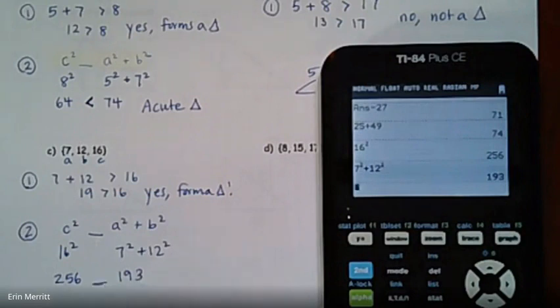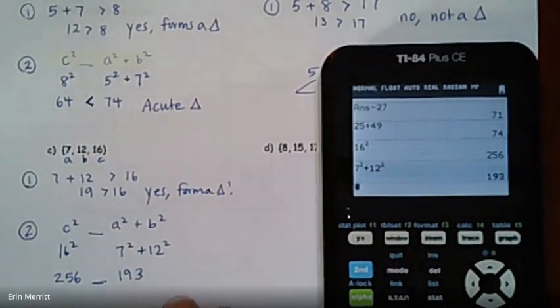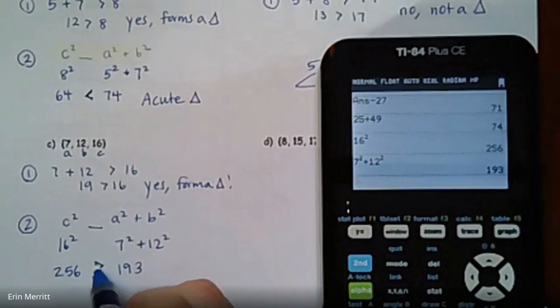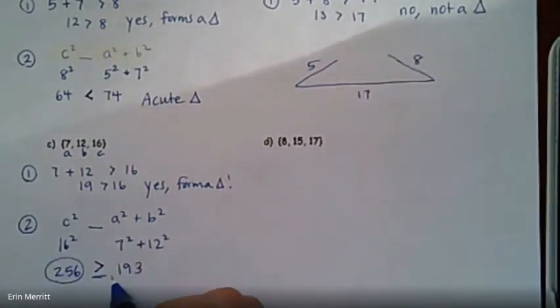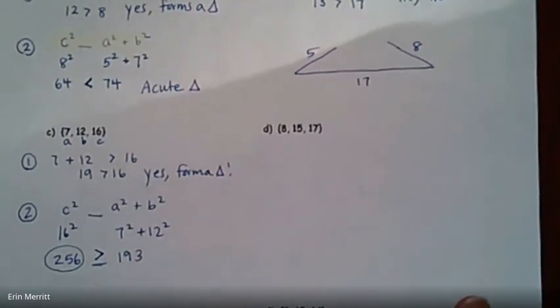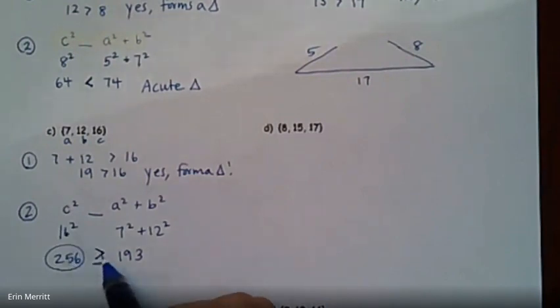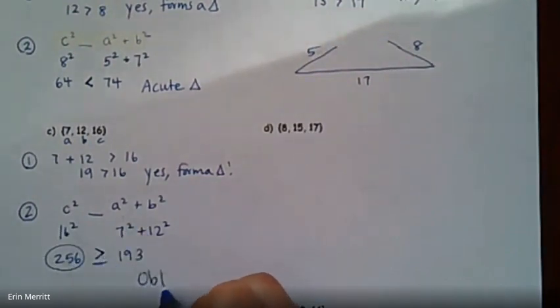So that little fill in the blank here, what I'm looking for is that 256 is greater than 193. And if the C squared portion of it is greater than this, think greater than, that would be an obtuse angle if it's greater than 90. So when C squared is greater than this, it is an obtuse triangle.